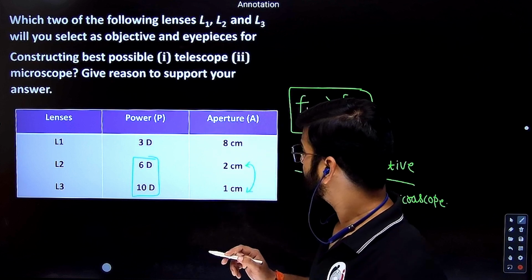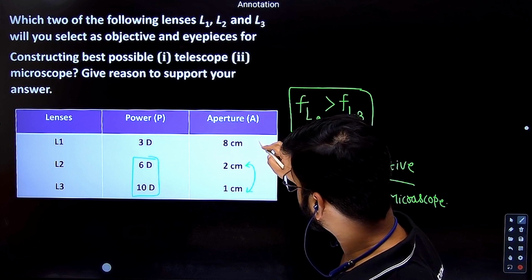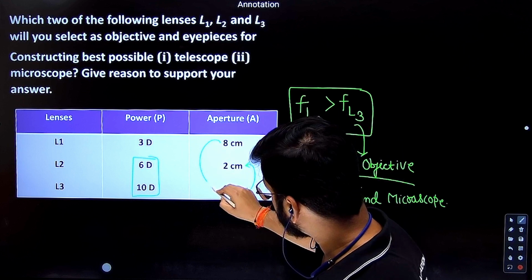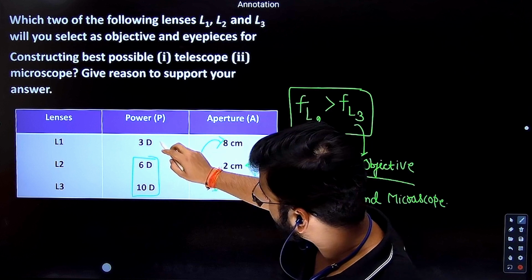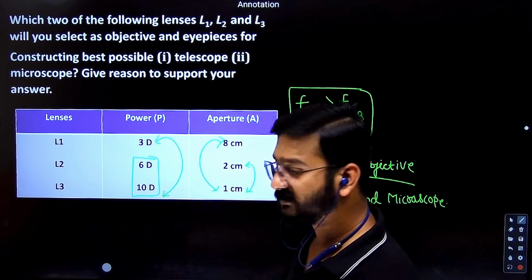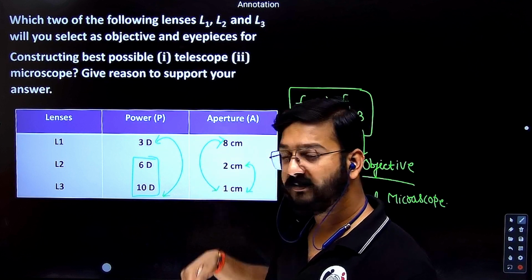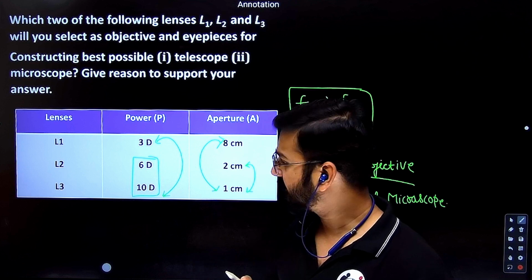So if you see the difference between the apertures, 8 and 1, a significant difference. See the difference between their powers, a significant difference. So if the difference between powers is more, the difference between focal lengths will also be more, right?